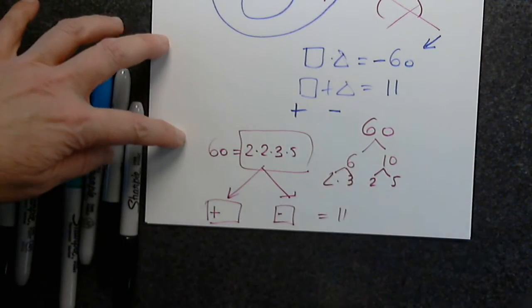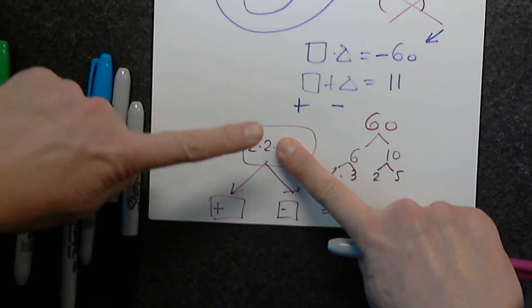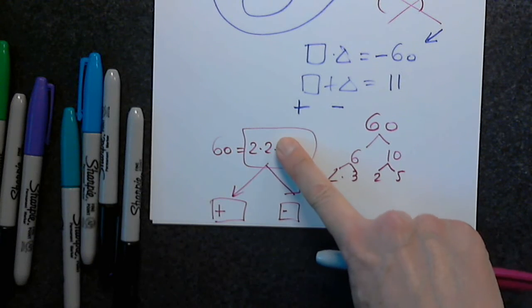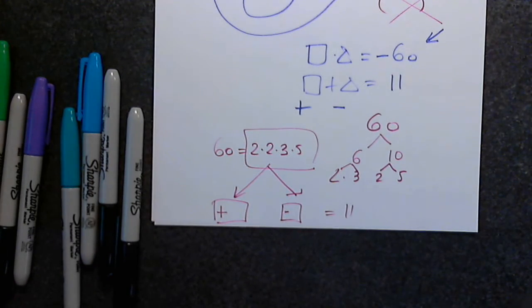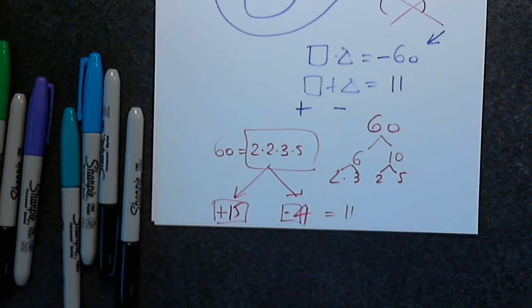So let's group these. How do we group them? Exactly. But only one has to be positive. Which one? Specifically, the stronger one has to be positive. Yes. So it's 15 and 4. And how did I do that?